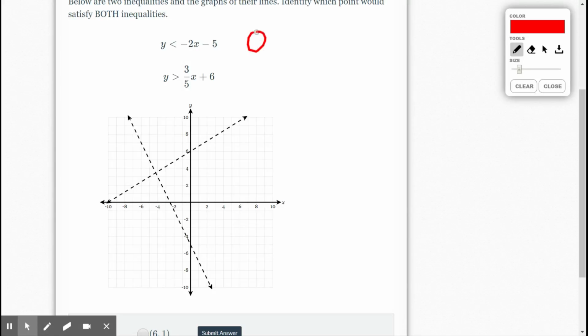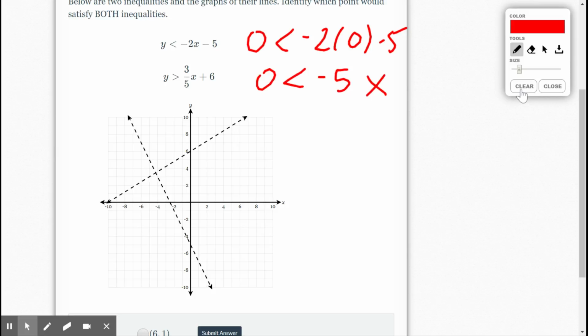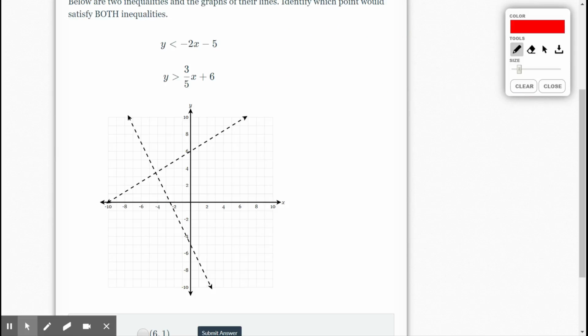Is 0 less than -2 times 0 minus 5, or is 0 less than -5? No, it is not. 0 is bigger. So that told me that (0, 0) did not work. Therefore, everything on the other side of the line must be a solution.